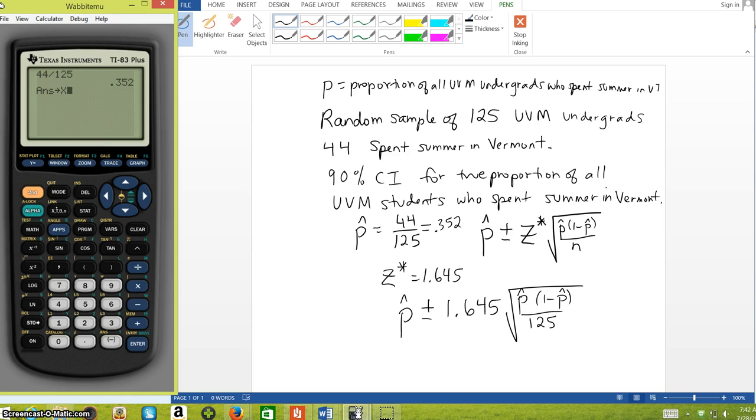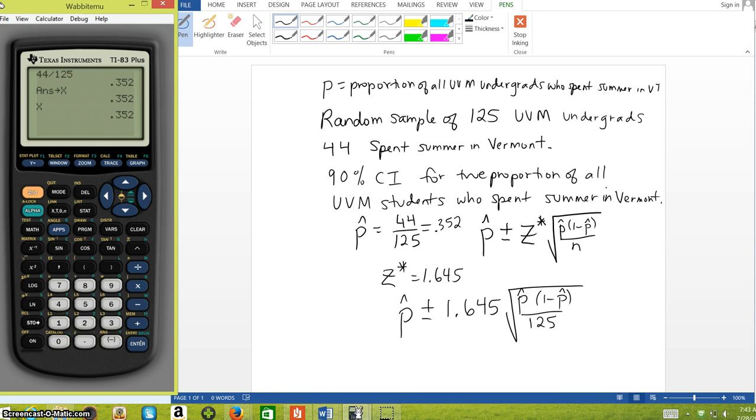So I just press this X key, say the N button, press it once and it'll give you X. So now what it'll do is it will store the number 0.352, which is our p hat, in X. So now if I type in X, which I do by using the alphanumeric key, you can see here we've got the X. So I do alpha X, and you can see that it's assigning that number every time I type in X.